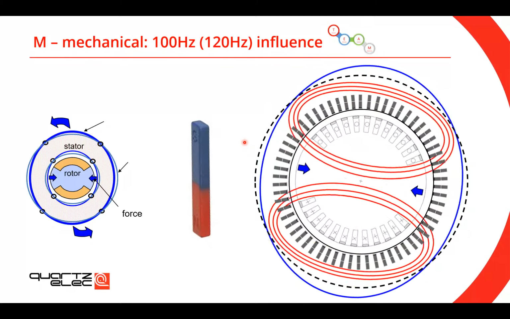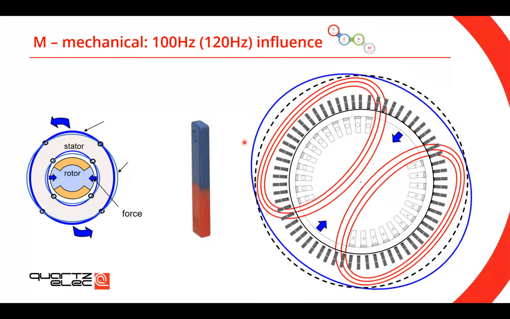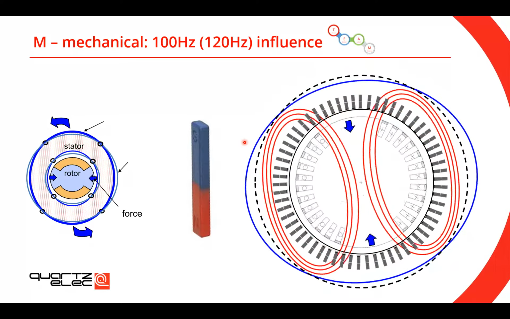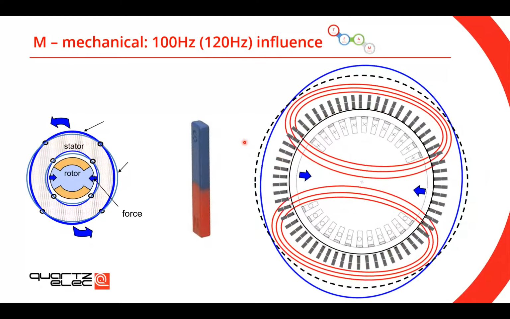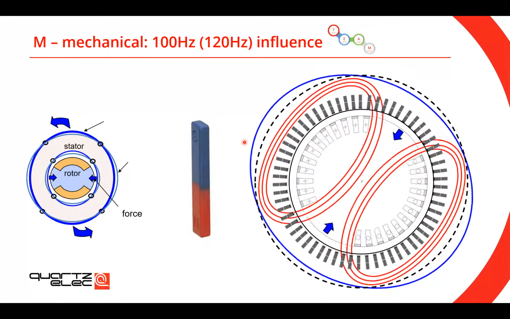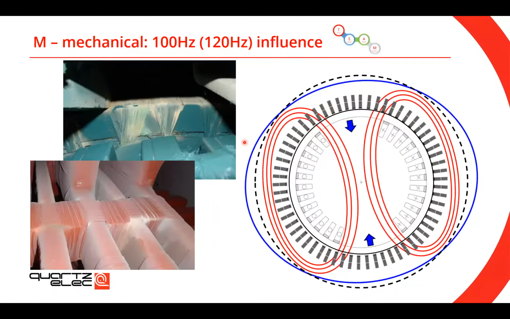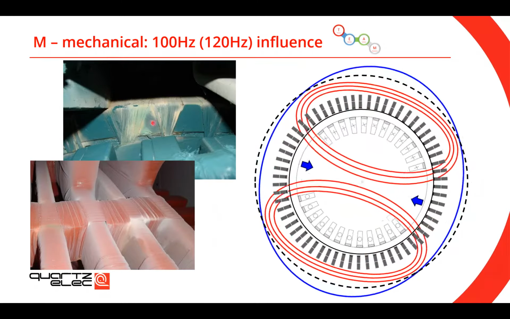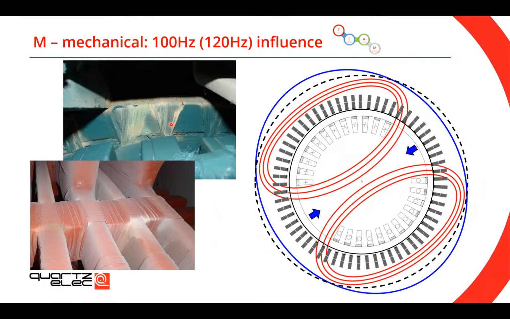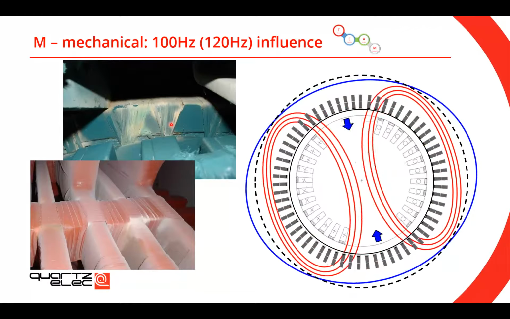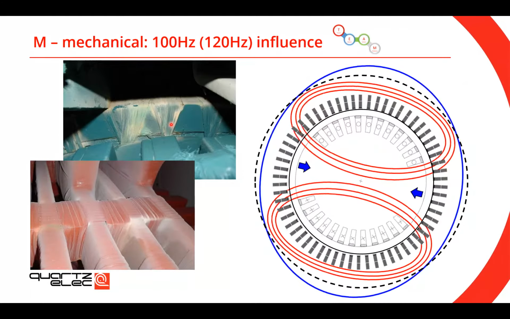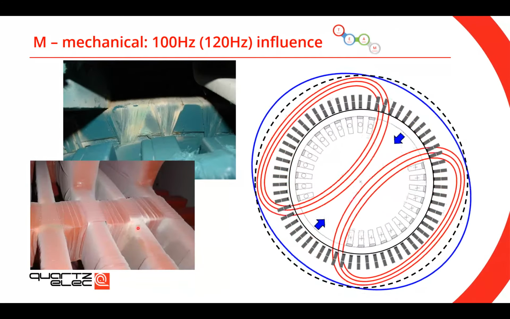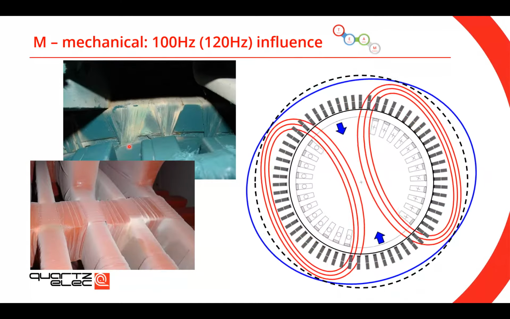So you might end up having problems with end winding vibration, and therefore quick insulation deterioration. I think that makes sense. And these are pictures showing you the influence of 100 Hertz vibration in the end winding. So you can see signs of vibration here and there.